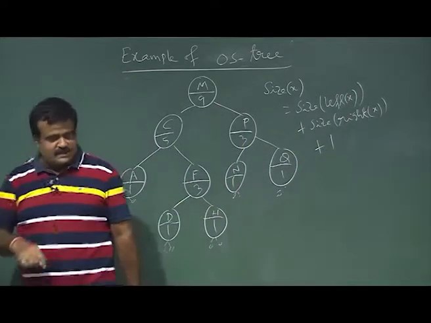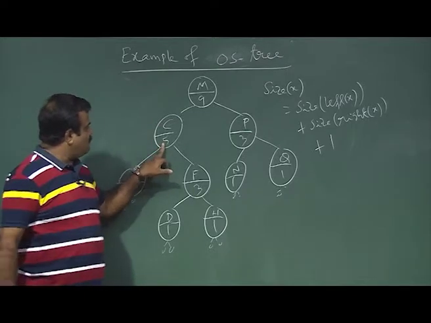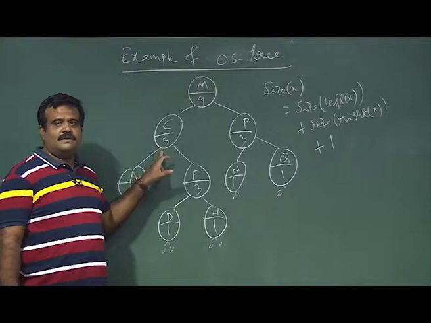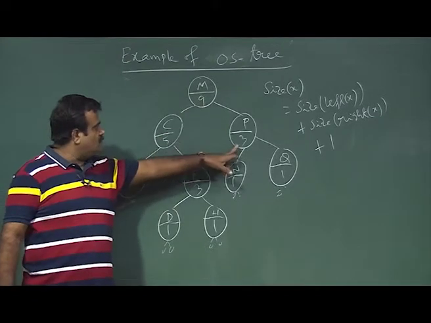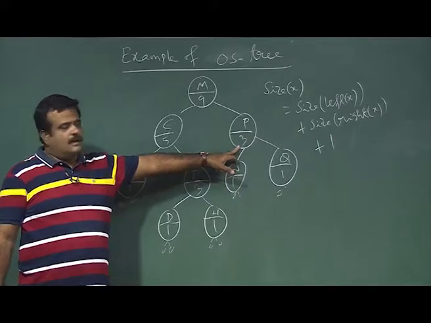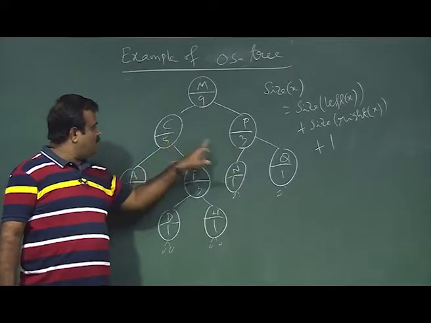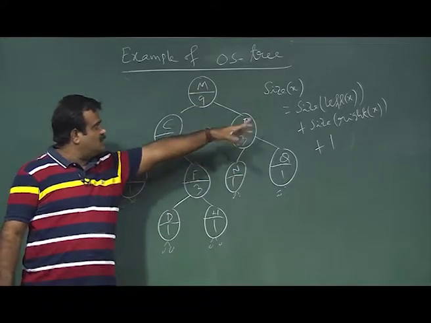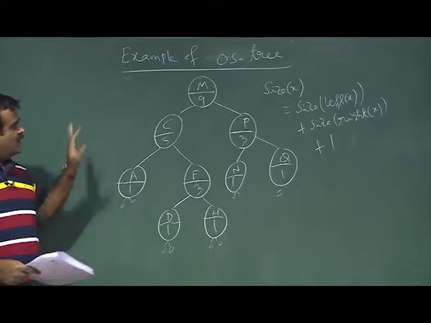So size of left of x is 5, that means the size of the left subtree is 5 for this node, size of the right subtree is 3 and the node itself. So this is basically 5 plus 3, 8, and plus 1. So this is the formula for making the size. So we can easily get the size.